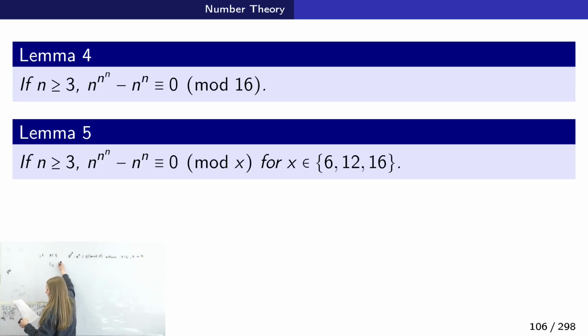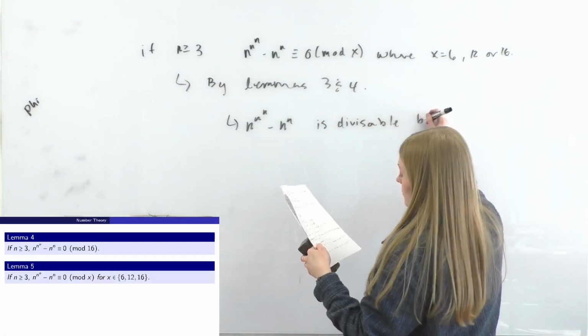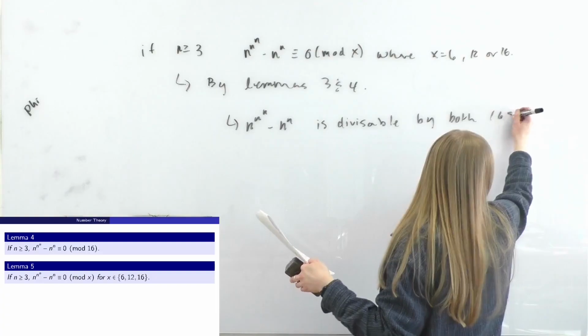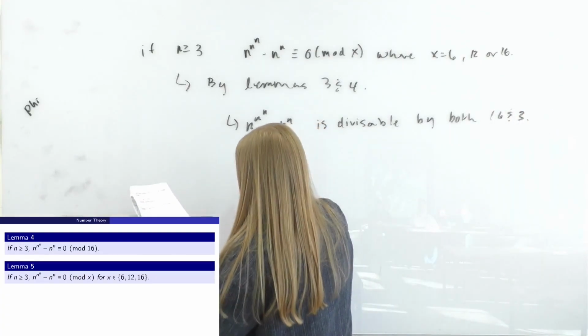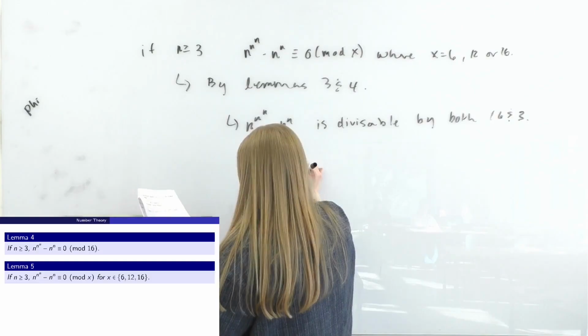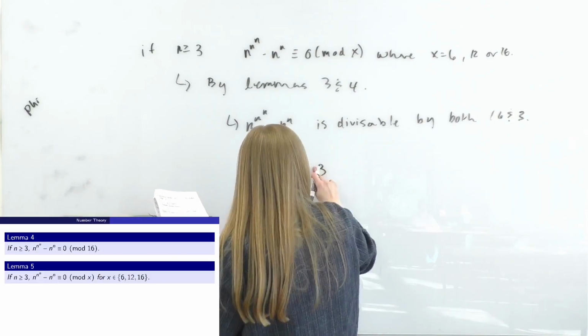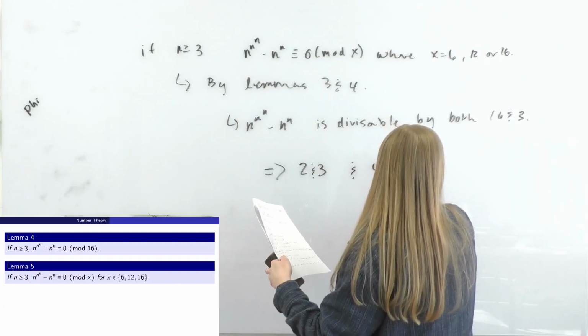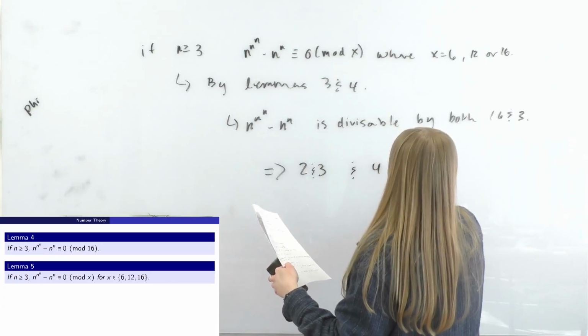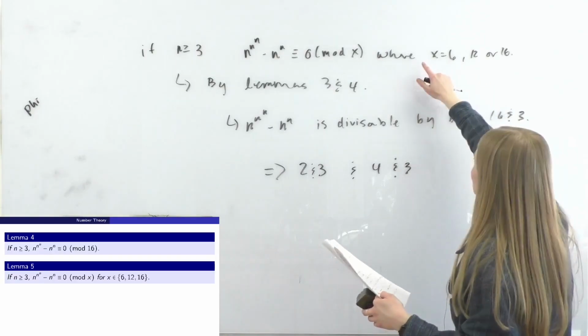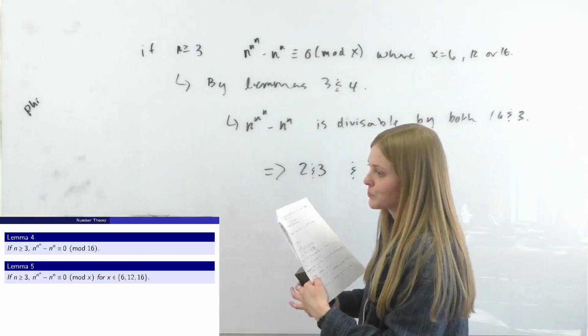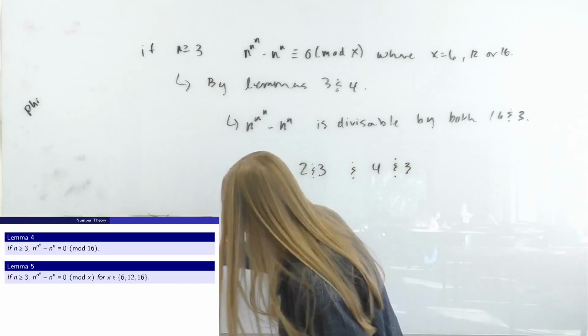By lemmas 3 and 4, we see that n^(n^n) minus n^n is divisible by both 16 and 3, which gives us that it's divisible by 2 and 3, and 4 and 3. So it just falls out that this is true for 6, 12, or 16. Cool.